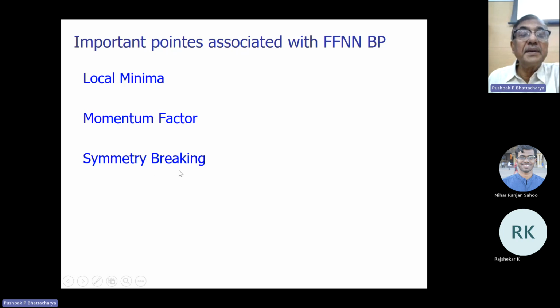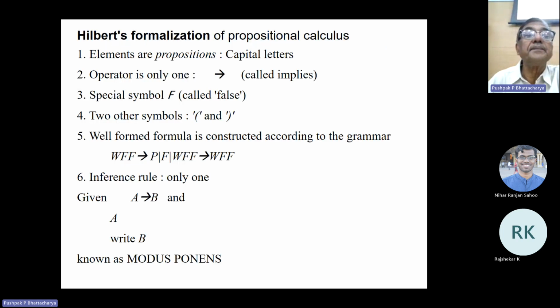And symmetry breaking is essential because if you keep all the weights the same, and if the weights are the same across the axis of symmetry, then the network doesn't converge to the correct values. So these were the important points associated with feed-forward network and backpropagation.